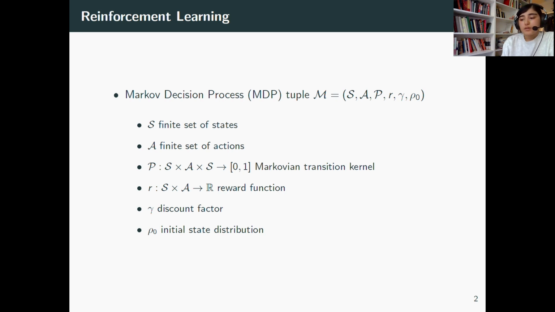We have the reward function, which gives us, in state S, if we execute action A, what will be the rewards we get. We have the discount factor gamma, which is penalizing the future rewards compared to the rewards we might get from the current state by executing action A. And we have rho 0, the initial state distribution.